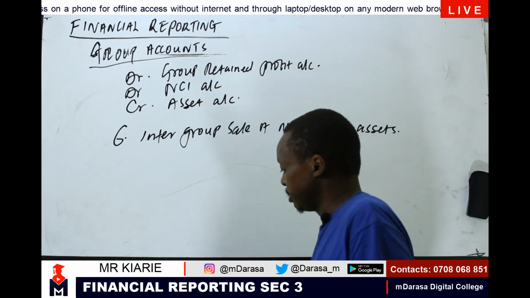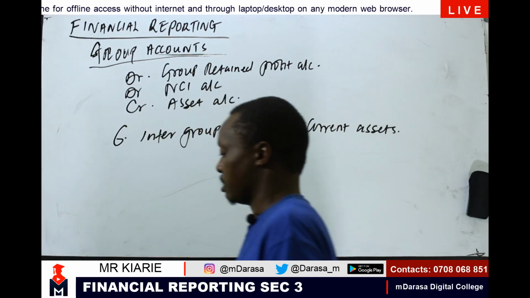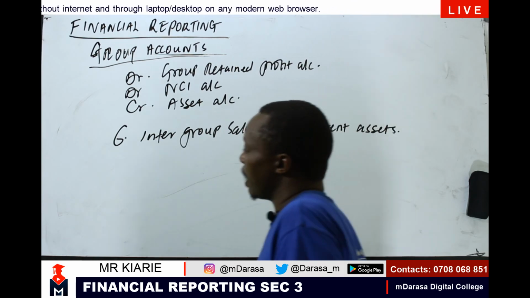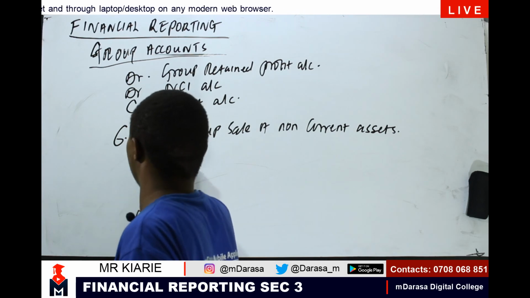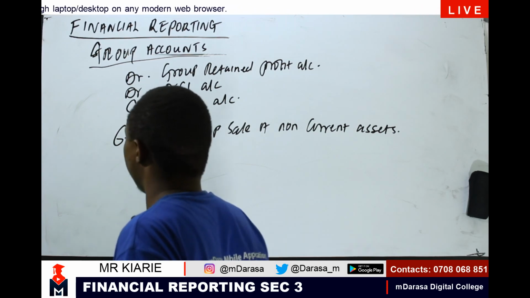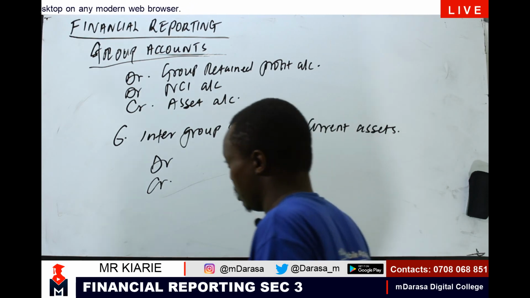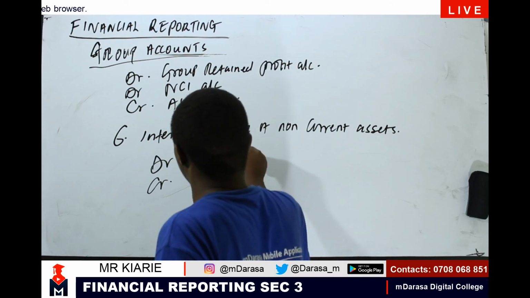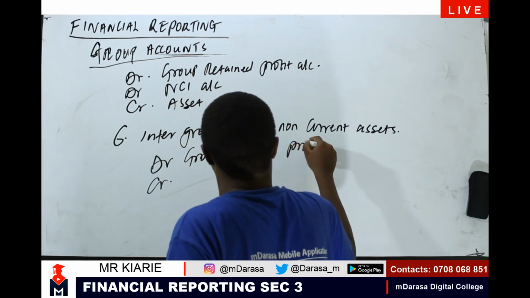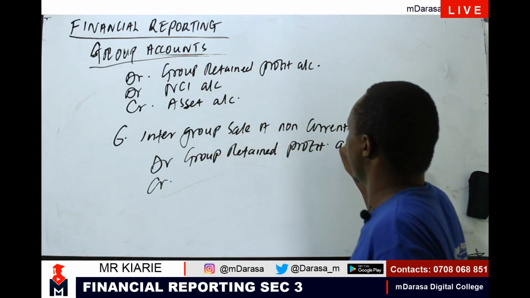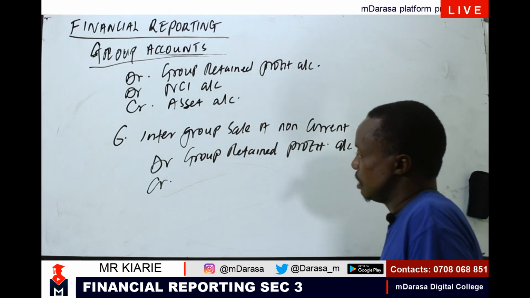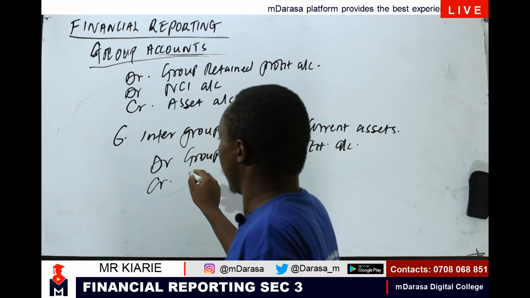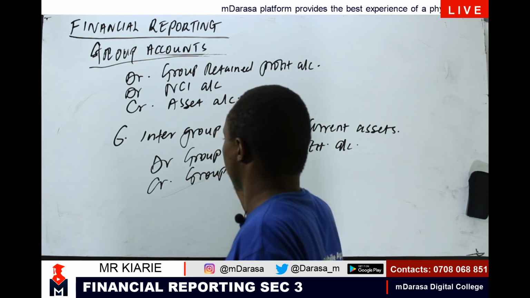Full stop. In this case, with the amount of unrealized profits, debit group retained profits account, credit group asset account.